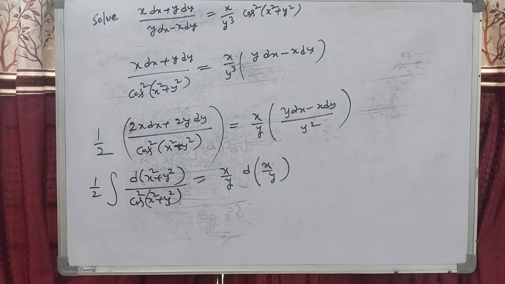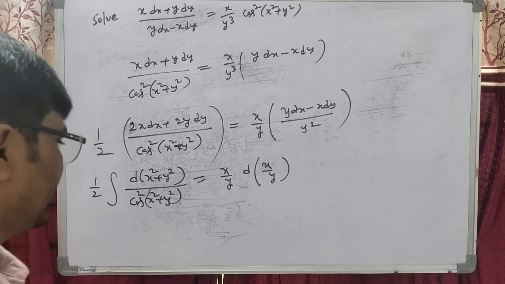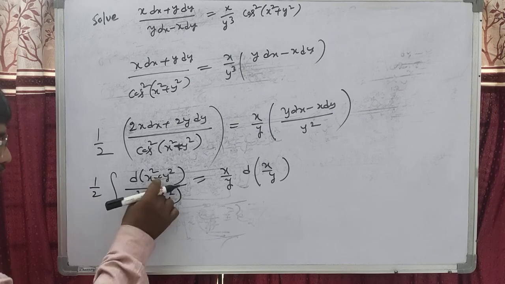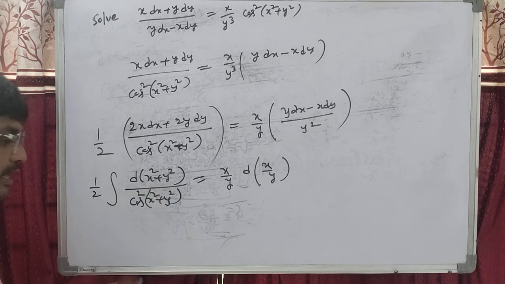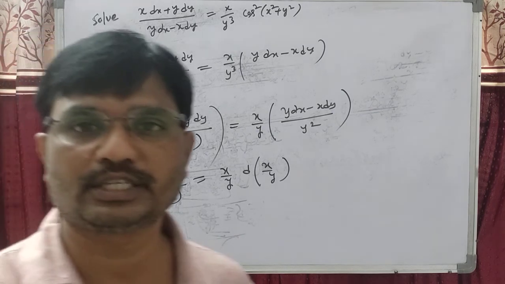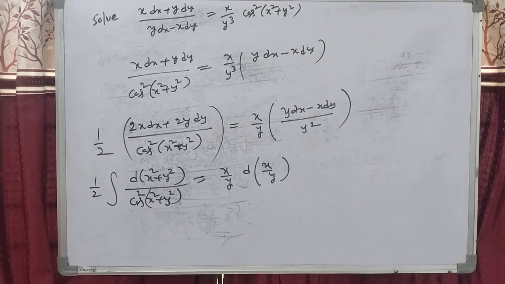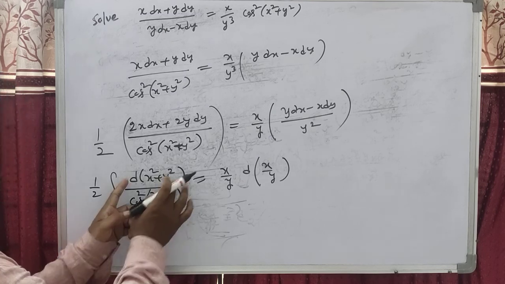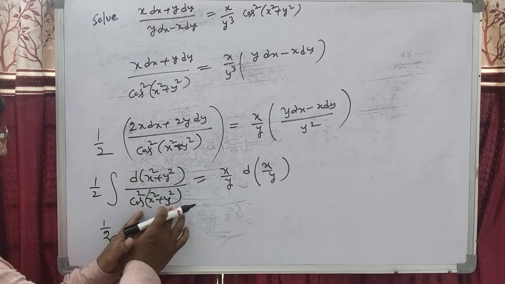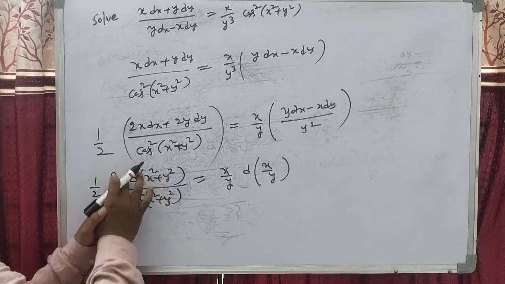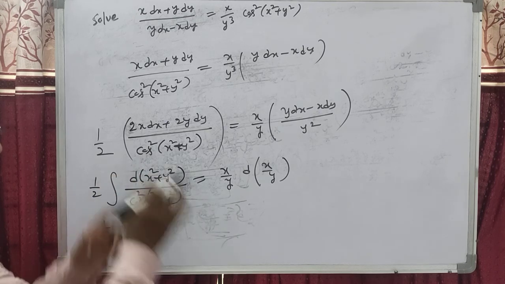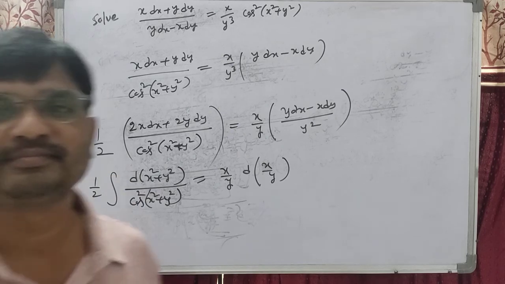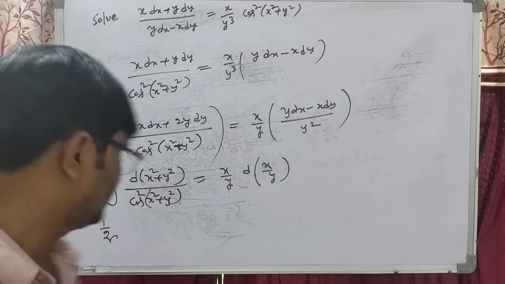Now we can write this as t. This will be dt by cos square t. The reciprocal of cos is secant. So 1 by 2 into integral of secant square t into dt. Integral of secant square is tan t.